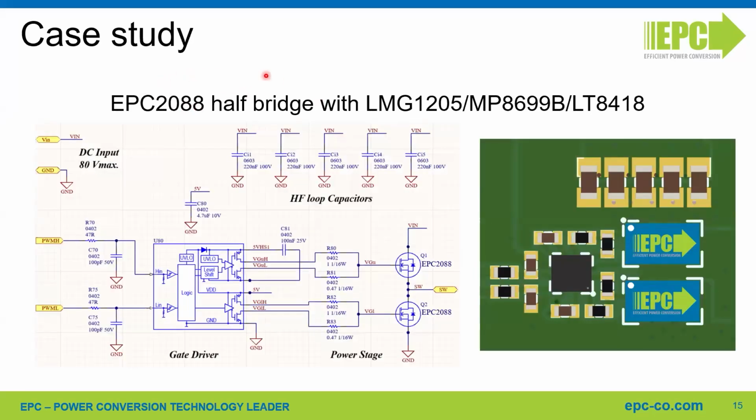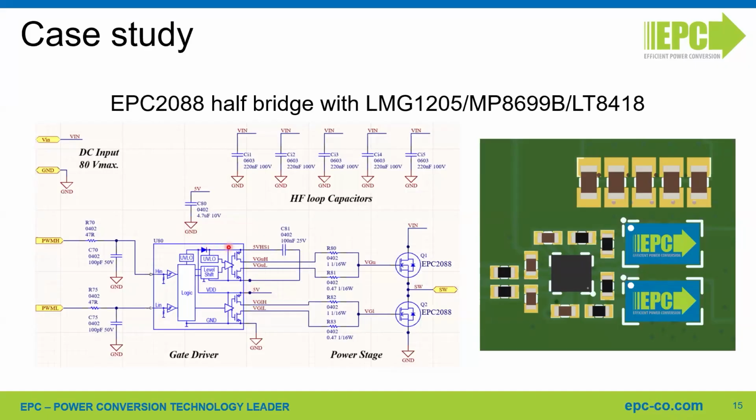As an example, we have one half bridge with the EPC2088, and let's say one of those gate drivers, which are very popular, and they are pin-to-pin compatible. So this is the view from the top side, and this is the schematic. We have multiple bypass capacitors for the power loop, and we have a bypass capacitor for the 5 volt, which is powering the low side of the gate driver.